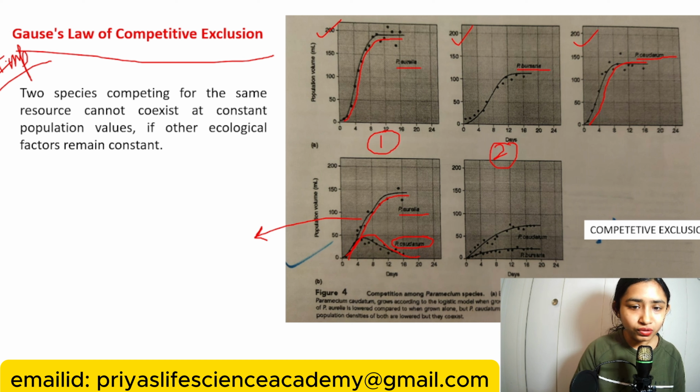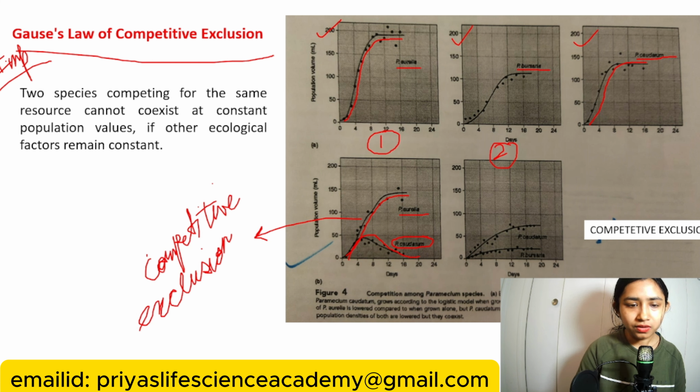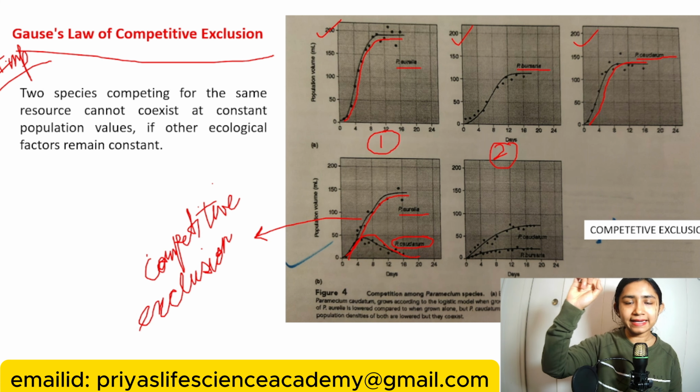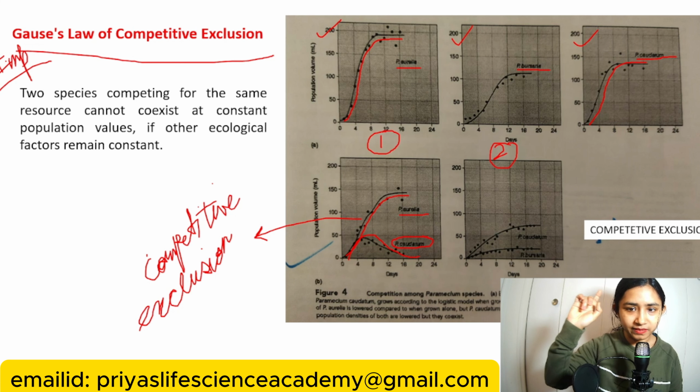When resources are similar, two species can't coexist. That is why it is known as competitive exclusion. One species, Paramecium caudatum, went extinct, which is competitive exclusion.